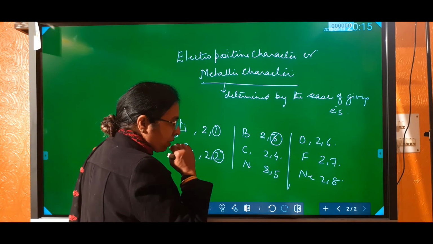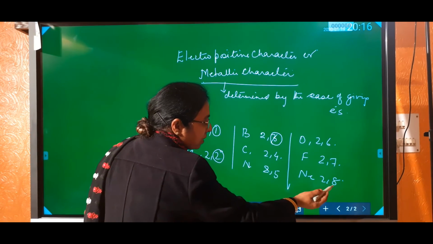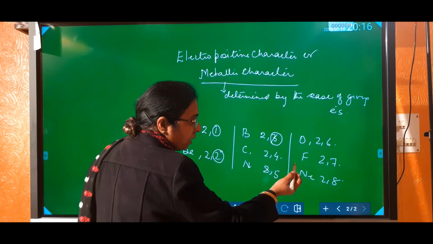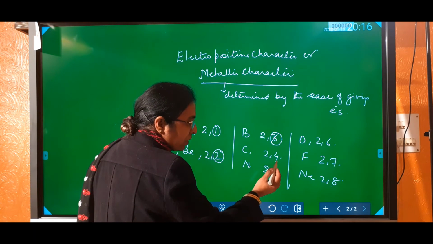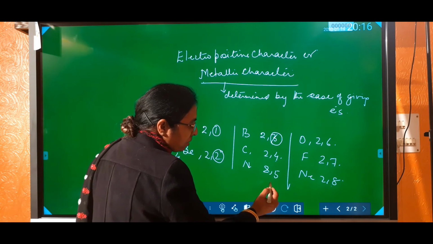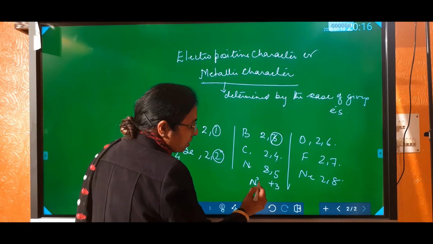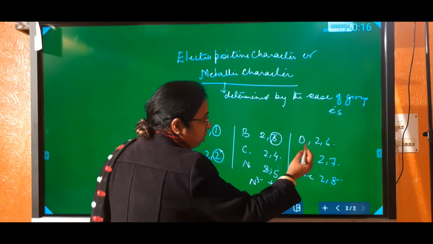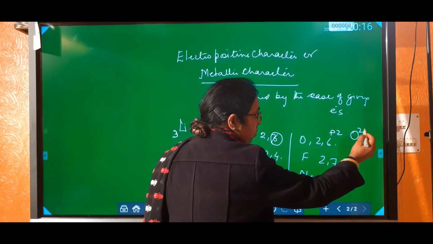Now these elements can complete their octet by just gaining a few electrons. Carbon will share 4 electrons, and nitrogen will gain 3 electrons and become N3 minus. Similarly, oxygen will gain 2 electrons and become O2 minus.